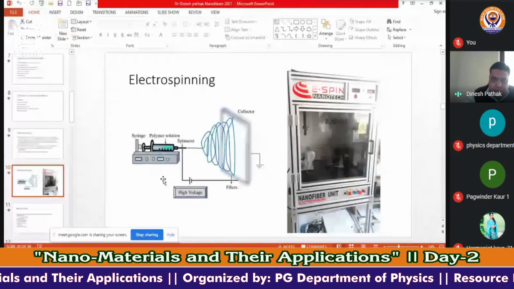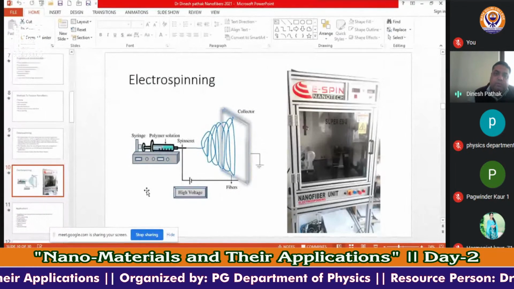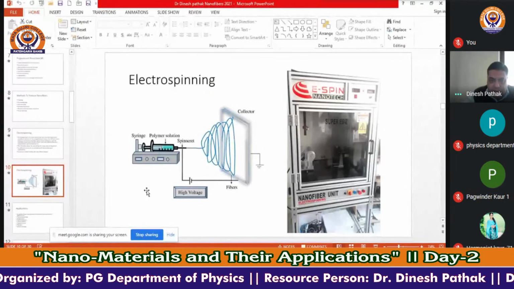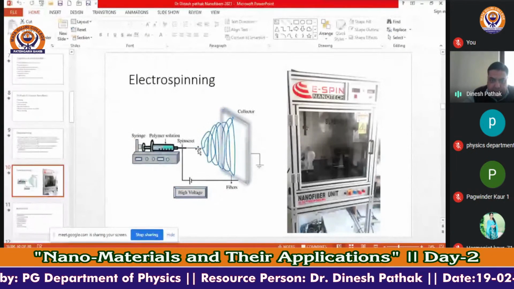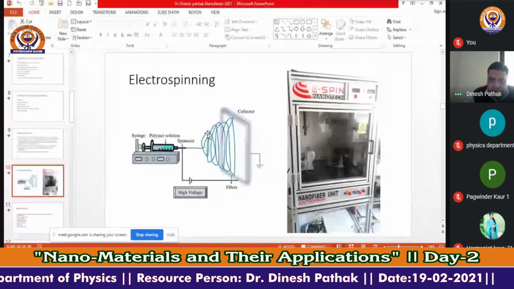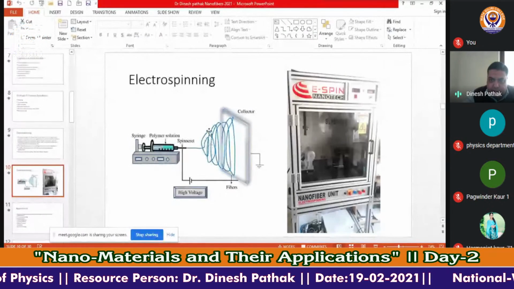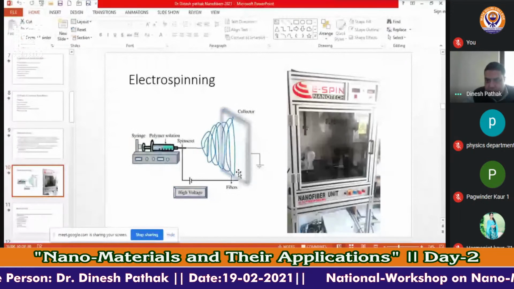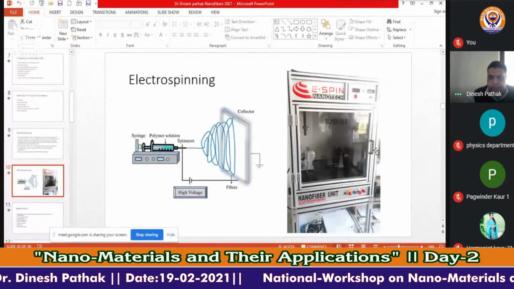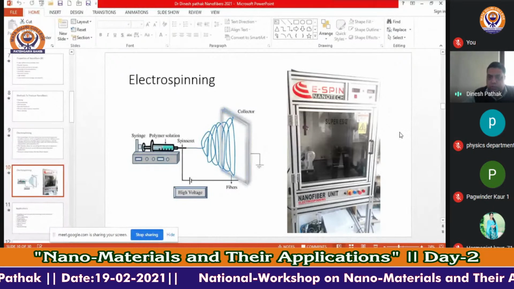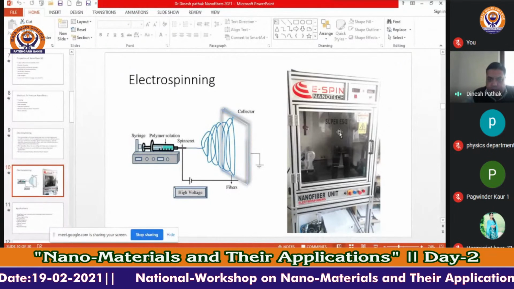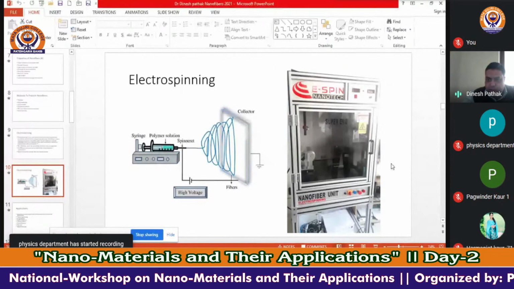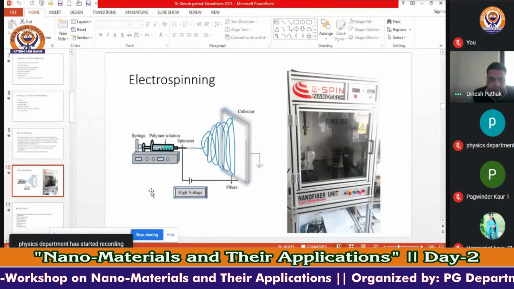When you give two opposite potentials in this system, thread-like electrically charged threads get collected over the collector, and we have fibers. So this was the machine. It is an Indian made product installed at Guru Nanak Dev University with one of our colleagues there, and so we can produce nanofibers like that.